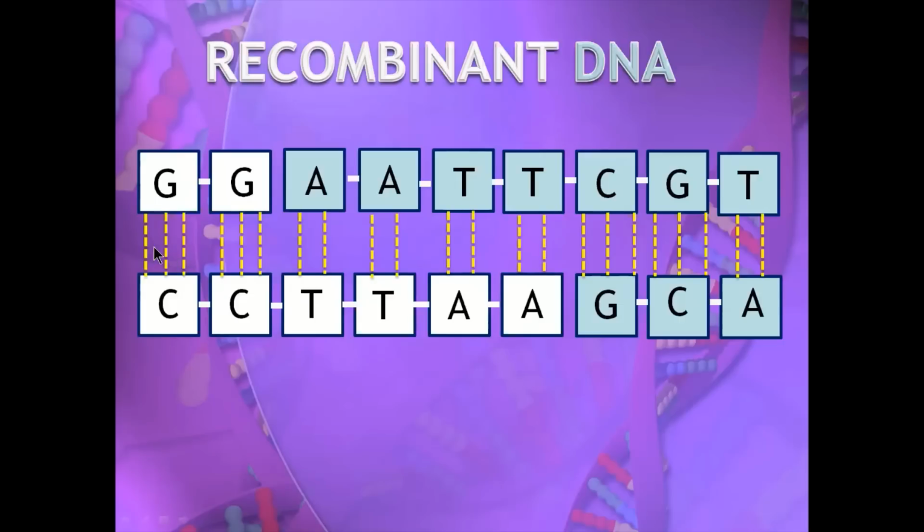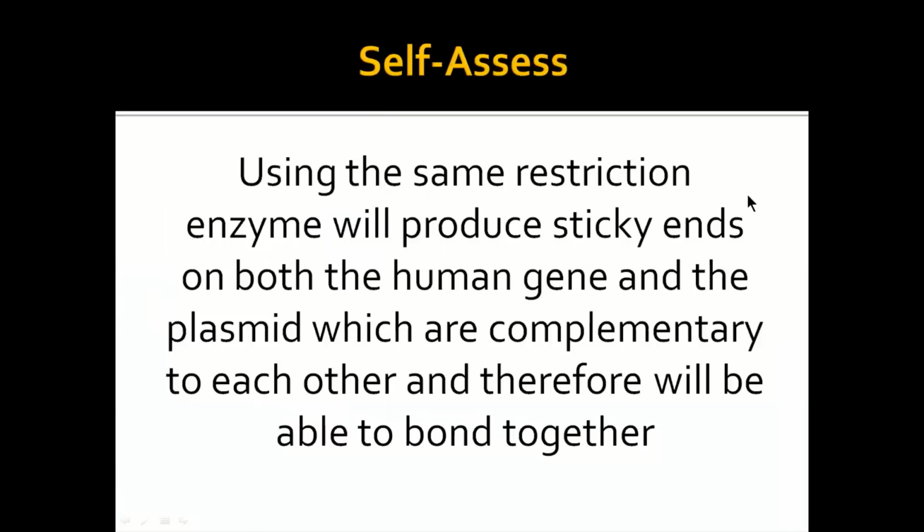You will notice hydrogen bonding between complementary bases. Using the same restriction enzyme will produce sticky ends on both human gene and the plasmid, which are complementary to each other and therefore will be able to bond together.